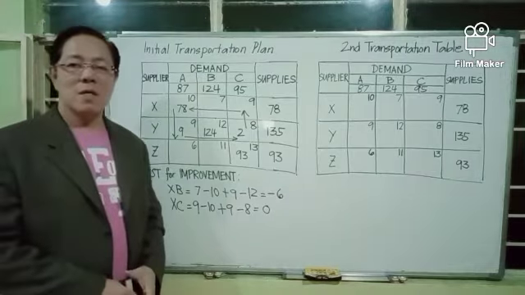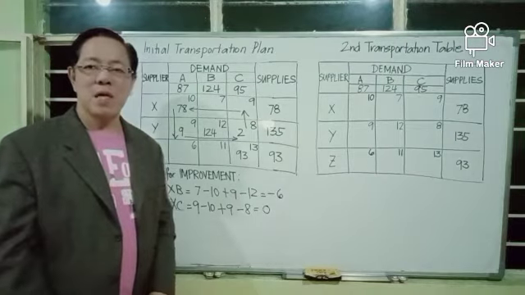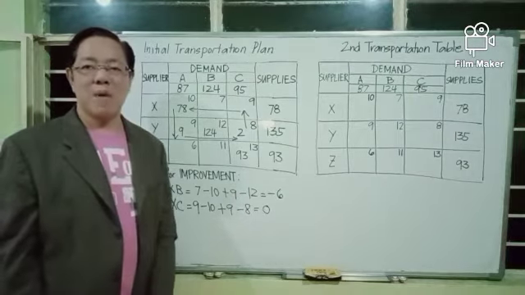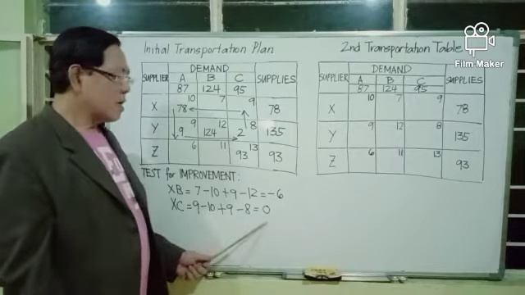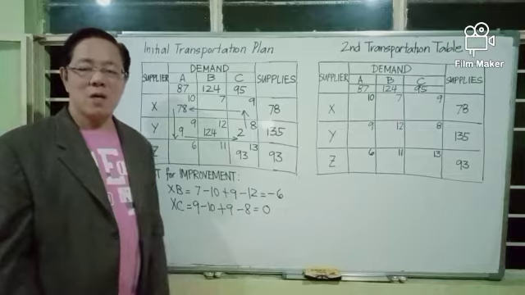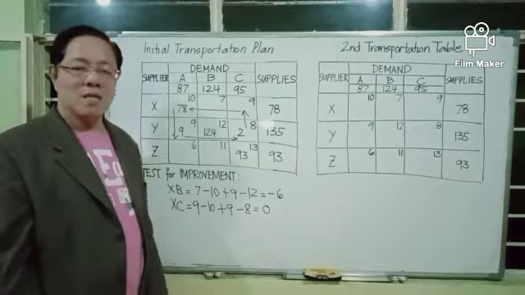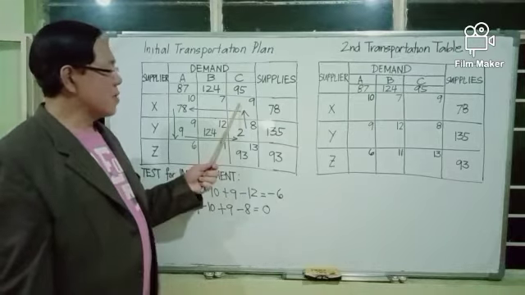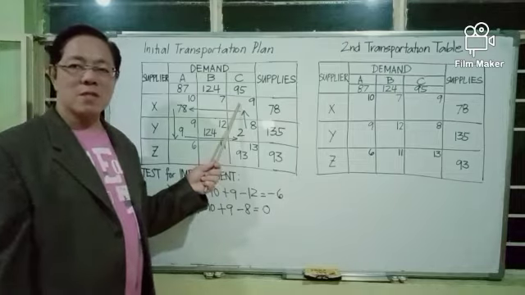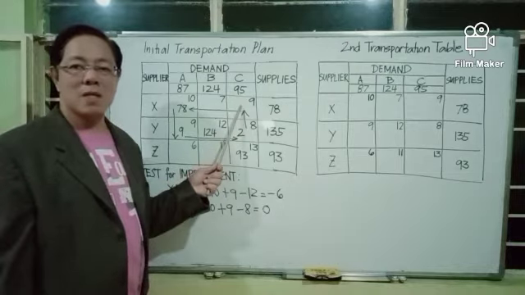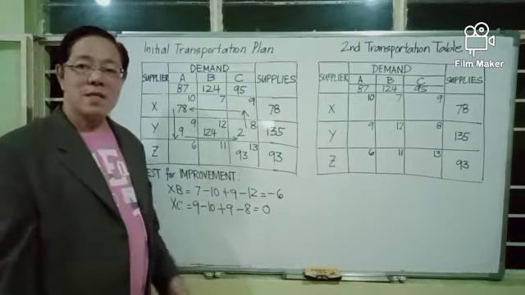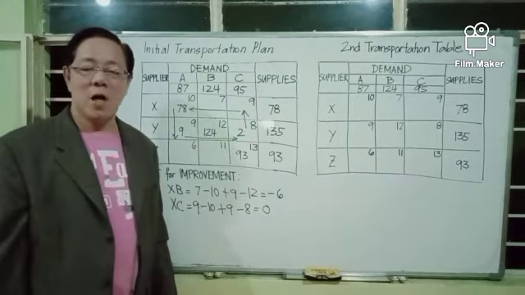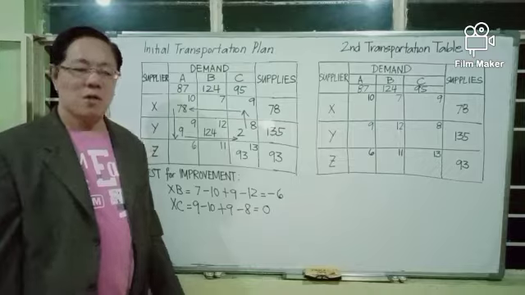Now 0 is neither positive nor negative. The meaning of a net cell cost of 0 is that you can transfer some units to this vacant cell, but that action has no effect on the total transportation cost.